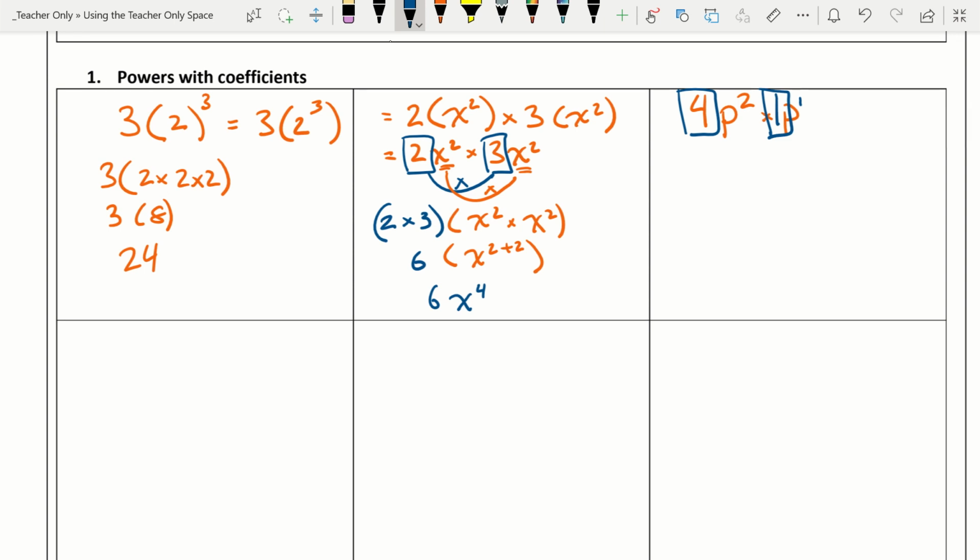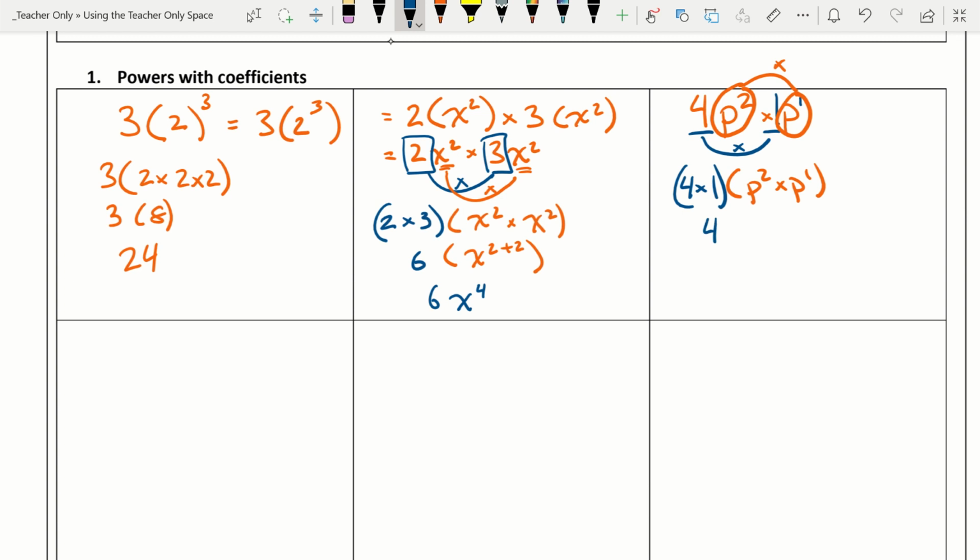We'll take these coefficients and multiply them together, and we'll take these powers and also multiply them together. And so we'll get 4 times 1 and p squared times p to the 1.